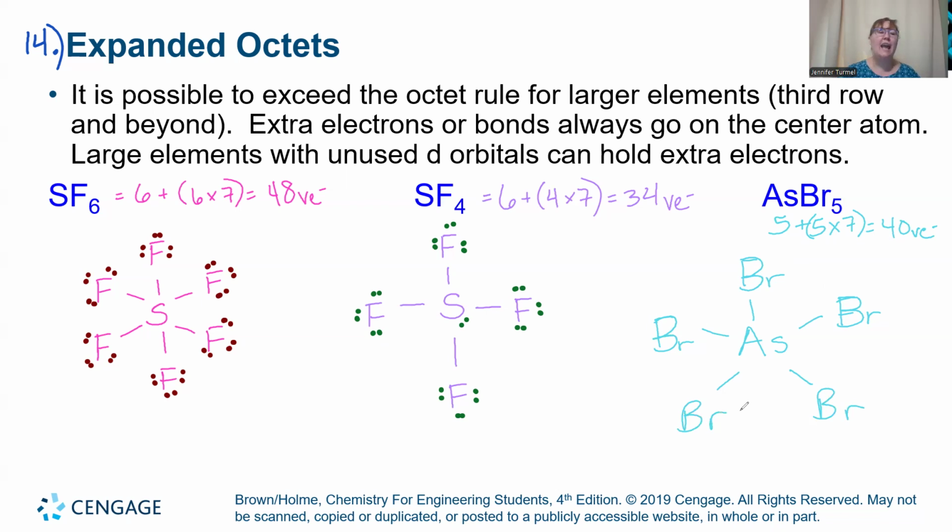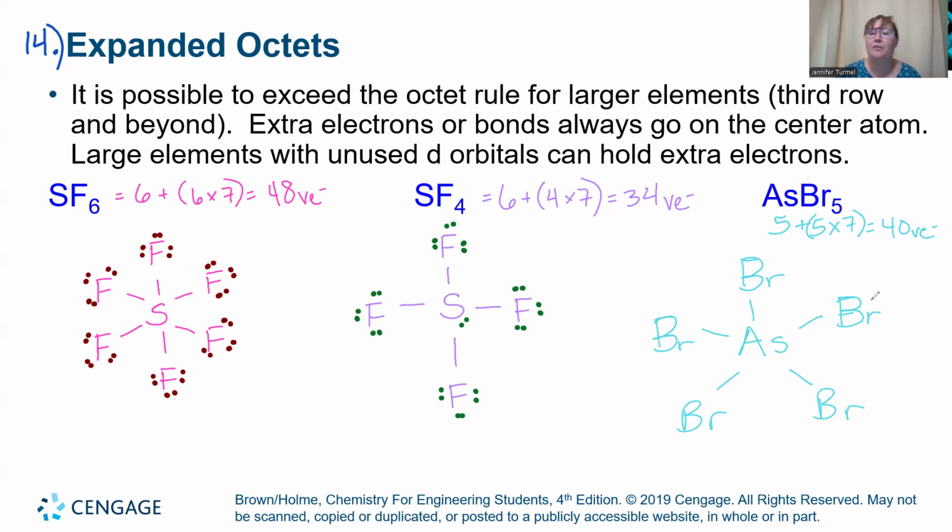Okay, now I have 10 valence electrons on my arsenic, and let's go ahead and place the other 30, right? So we've got 10 here, and we need 40 total. So let's see where we're going to get to.